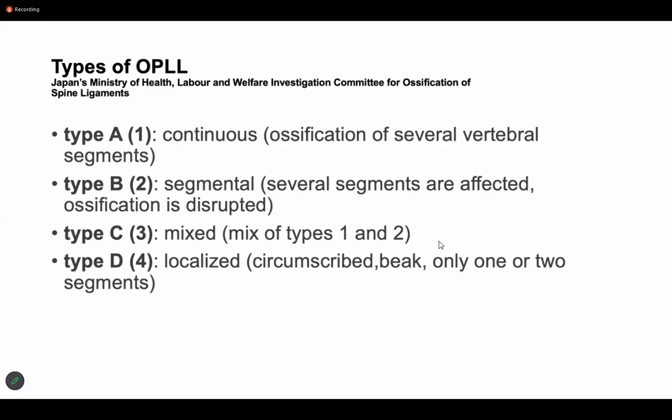There are many classifications of types of OPLL, but I think the most important and most famous comes from the Japanese Health Ministry. There are 4 types, type A, B, C, and D, and sometimes they are called type 1, 2, 3, and 4.